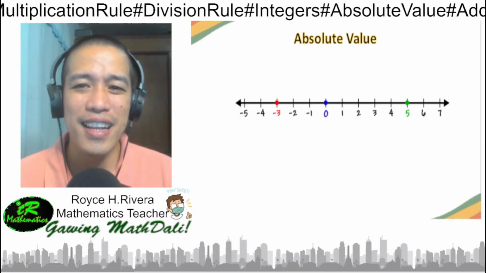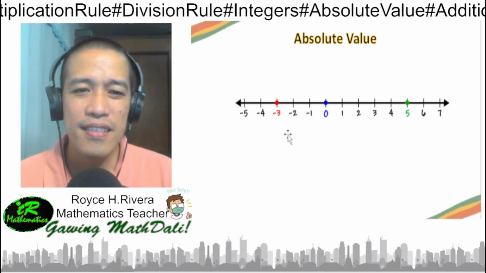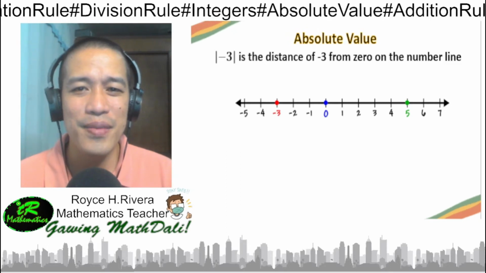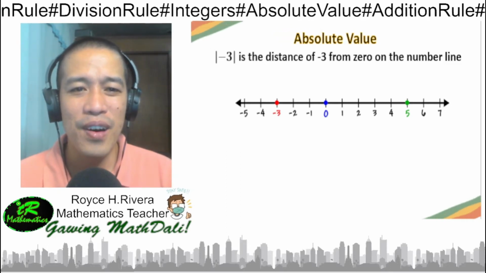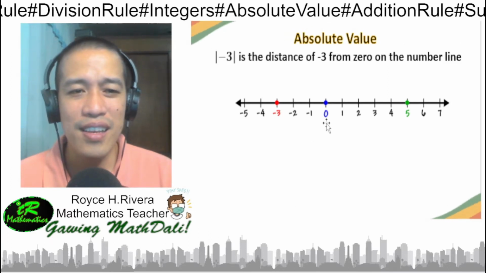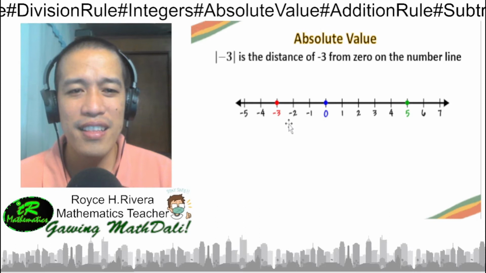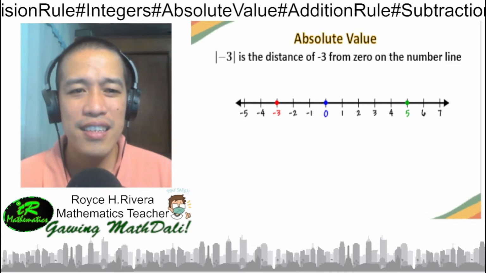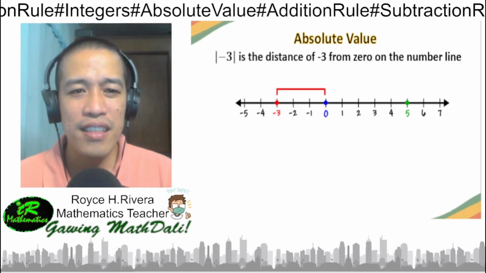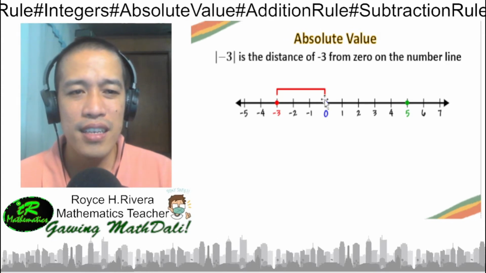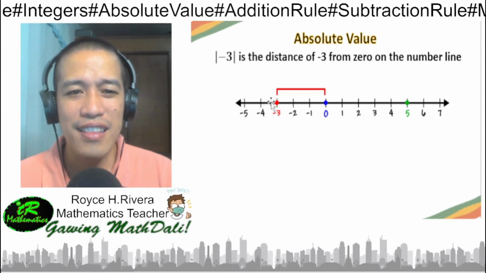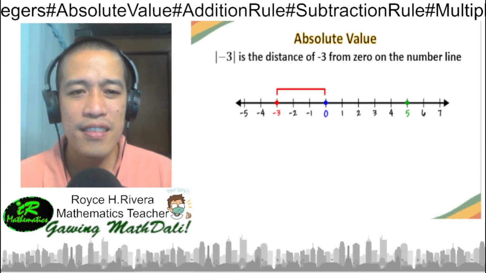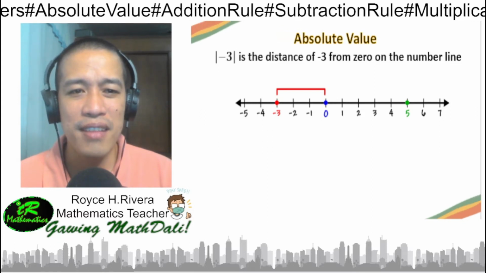Let's have this illustration. The absolute value of negative 3 is the distance of negative 3 from 0 on the number line. This is 0, the blue dot, negative 3, the red dot. So the distance of negative 3 from 0 is the red line. Then we start counting the distance of negative 3 from 0.